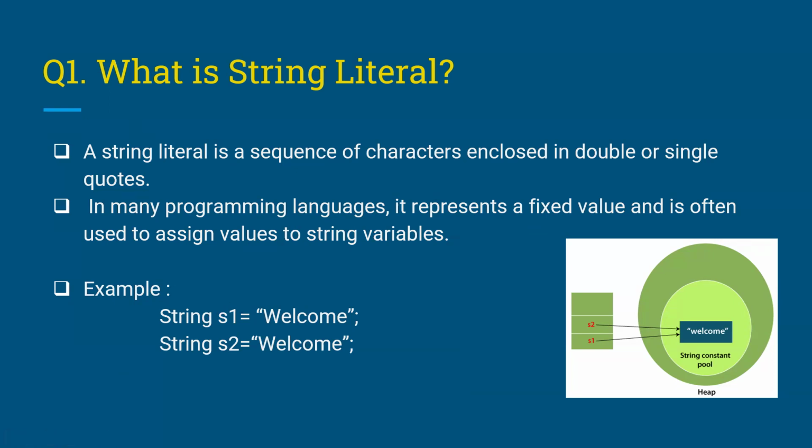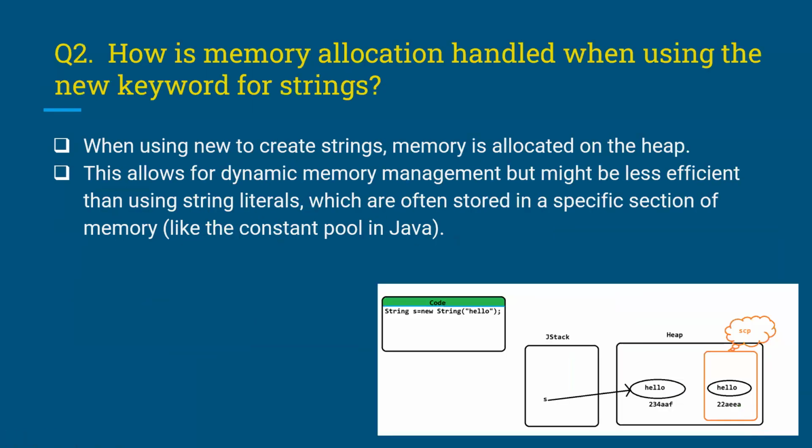For example, I've taken two strings, S1 and S2, with the same content. We already discussed in the last video how the string constant pool behaves and what happens when we store a string literal. If you want more details, please watch my previous video. Let's move to the next question.